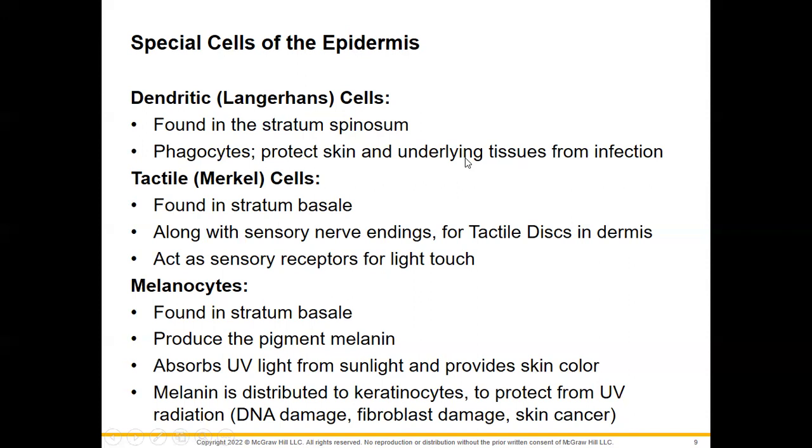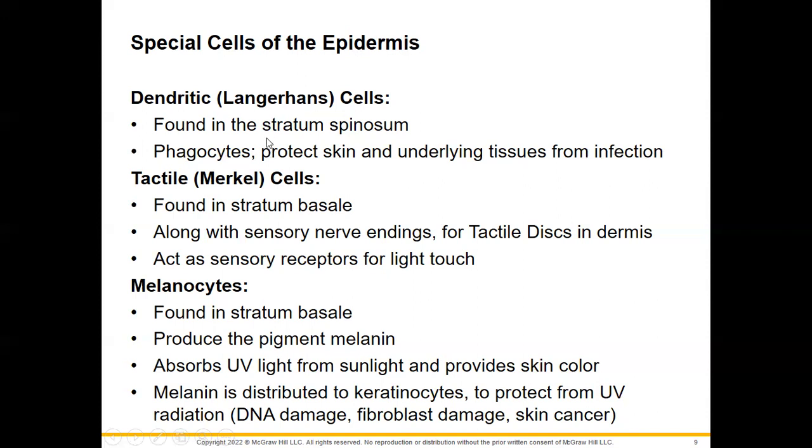So if somehow a bacteria cell, a viral cell, or some other cell that wants to infect you gets into your skin, these dendritic cells are there to recognize them and then to gobble them up to keep you safe. So phagocytic cells located in the stratum spinosum that are keeping you protected from infection.